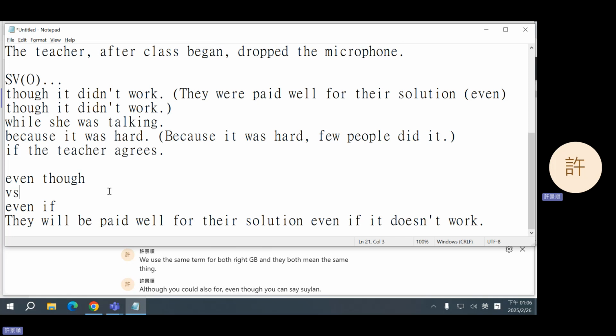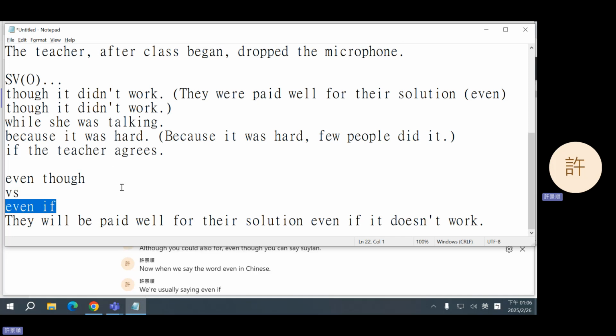Now, when we say the word even in Chinese, we're usually saying even if. So, for example, I'm not very good at using Chinese slang, but like even 他这么说，我们还是做的, something like that. So you're using even if, you're not using even though.